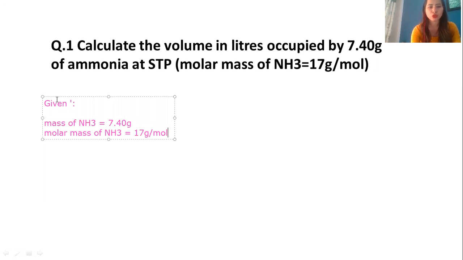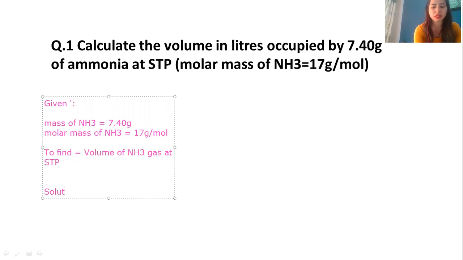And what do we need to find? We need to find the volume of ammonia gas at STP. So when I say volume of gas at STP, solution is what?